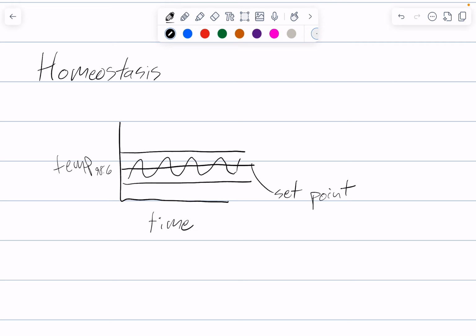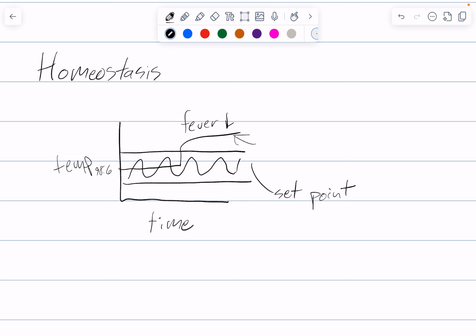But with, for example, a fever, the set point can go up. So then this line right here becomes the new set point, becomes the new normal.